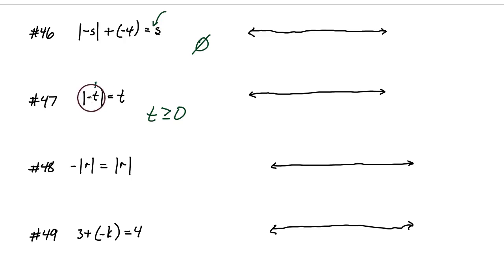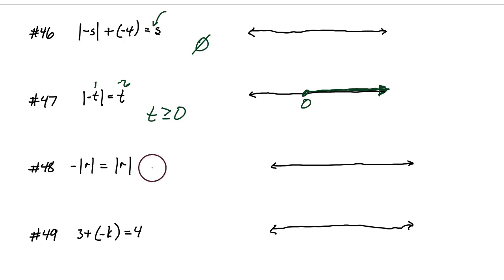The absolute value of -1 is +1, so 1 equals 1. However, t cannot be a negative number. For example, t cannot be -2, because this expression with the absolute value bars will never turn out to be a negative number. To graph this result, locate 0, put a closed dot on it, and shade to the right.